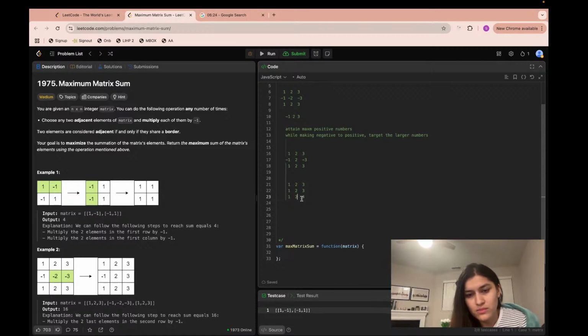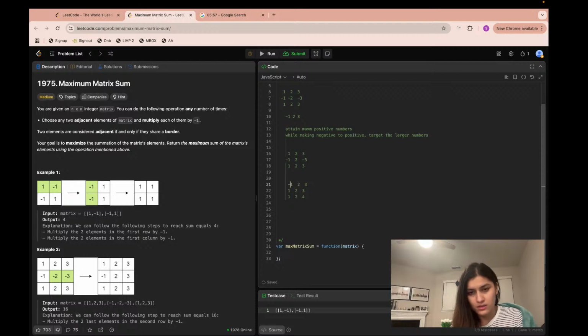Yeah, so if it is -4 here, then it can go anywhere. This negative, so if I transfer here, then I can transfer here. It can be transferred anywhere in the matrix. So that is the biggest thing I should have thought about.